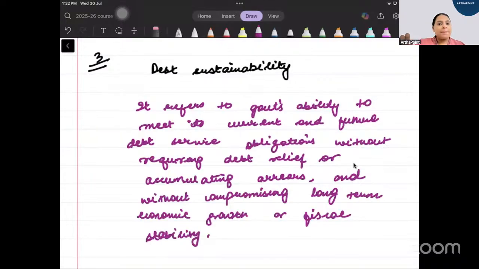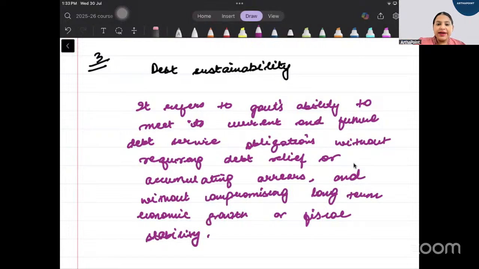तो हमें इस तरीके से लोन को मैनेज करना है कि हम आज की और फ्यूचर की नीड्स को फुलफिल कर पाए और हम फ्यूचर में बहुत ज्यादा बर्डन ना फील करें लोन की वजह से एंड हमारा फिजिकल स्टेबिलिटी भी मेंटेन रहे, राइट?